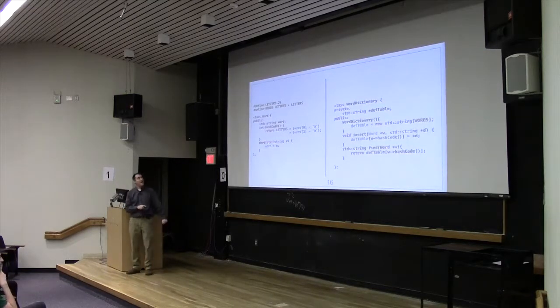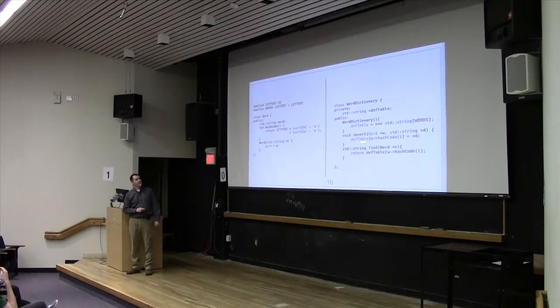dictionary. OK? And in this dictionary, we define a table, which is just an array of the number of words we have. Right? And we said in this case it's going to be 676. And we are going to insert those words into the dictionary as follows. The string is the def table, right?